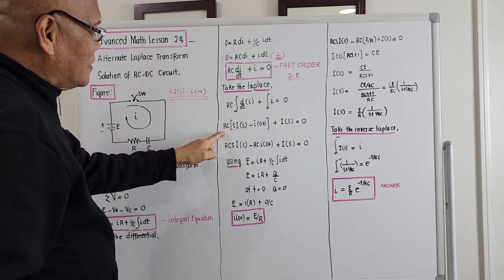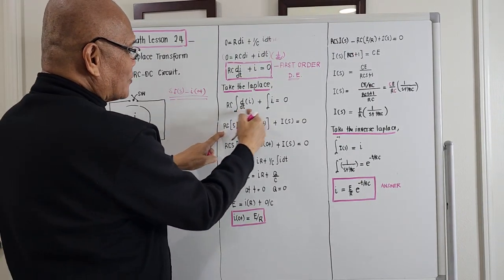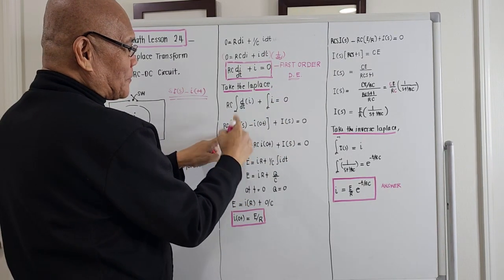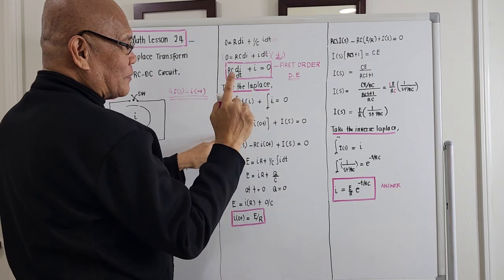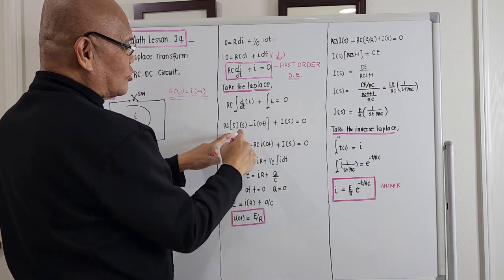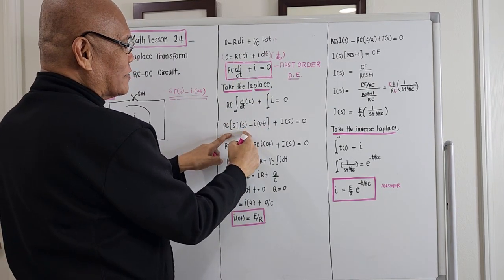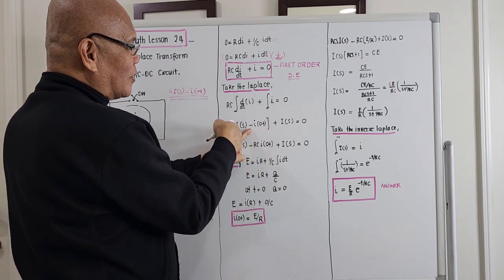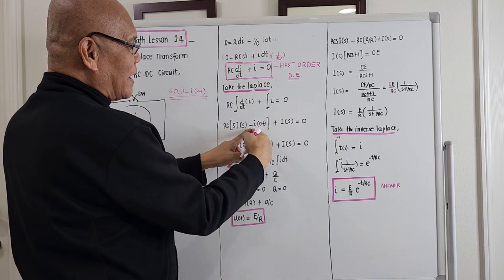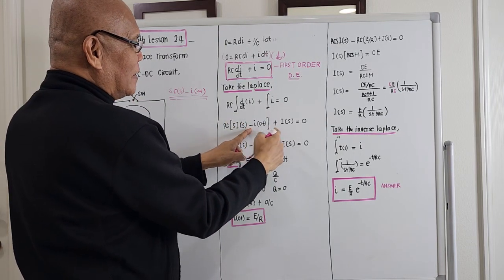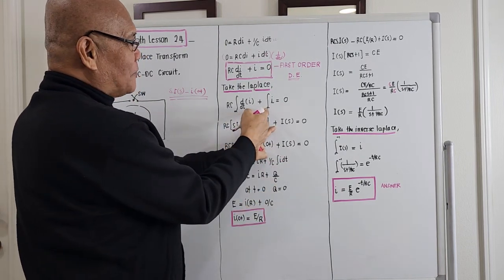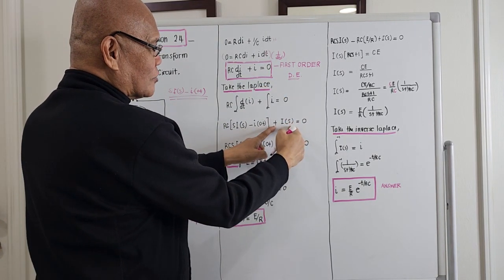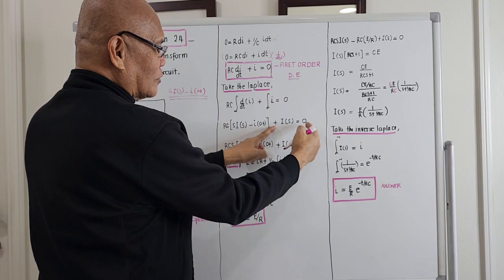So this will be RC. The Laplace transform of any differential thing is actually S, capital letter F as a function of S, but capital letter F is actually current, so it should be capital letter I as a function of S, minus the small f equivalent, which should be I sub 0 plus, close bracket, plus the Laplace transform of I, which is simply capital letter I as a function of S, and this should be equal to 0.